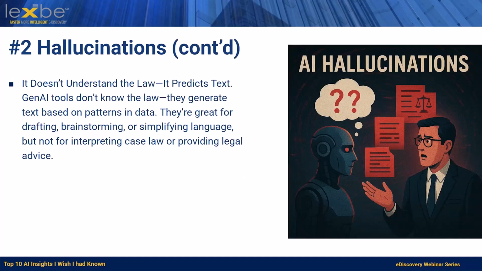So now that we know that, you can see that the Gen AI model doesn't understand law, right? It predicts text. It doesn't know the law. It generates based on pattern. So it's great for a lot of things, but it can't interpret the case law and provide legal advice.